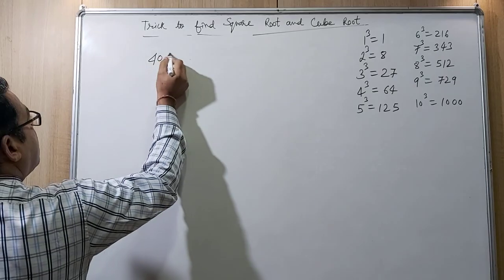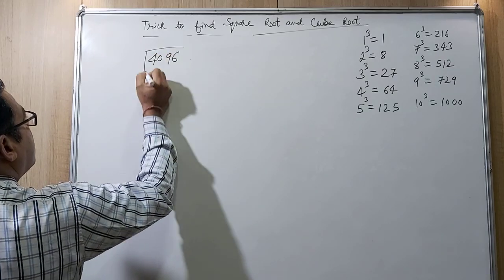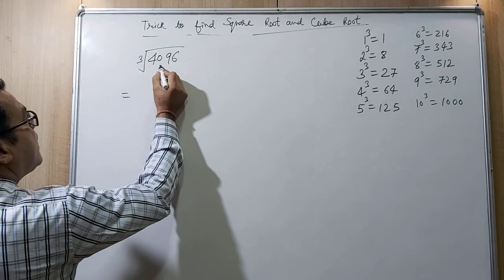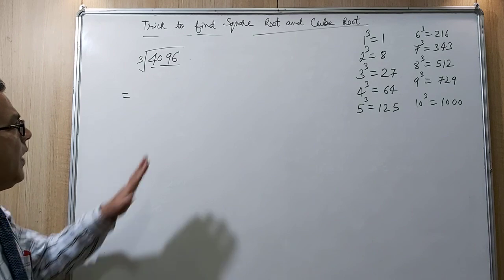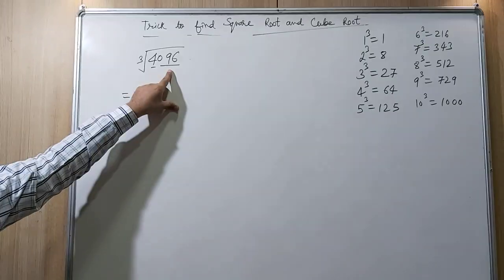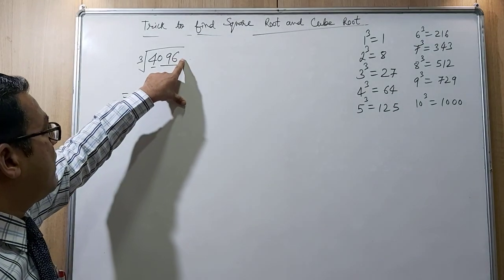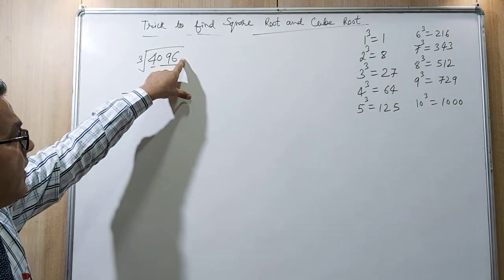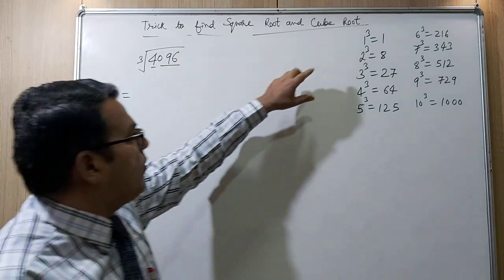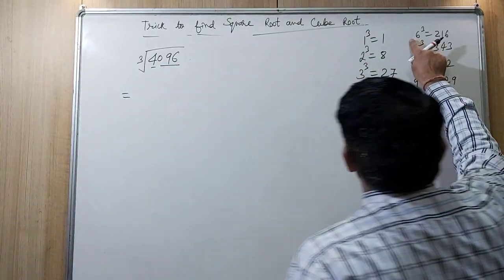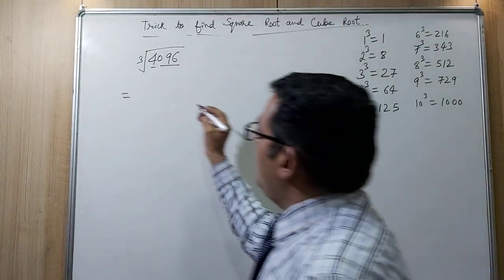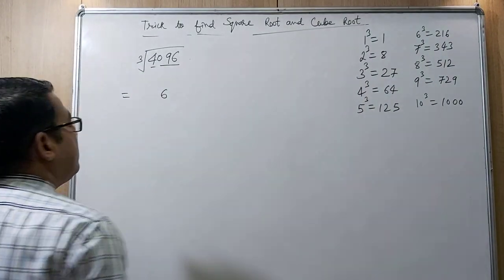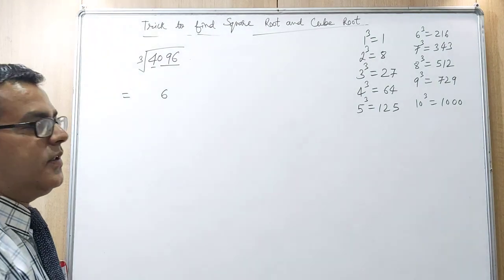Now another number I am taking here, that is 4096. Again the same method. This is the first group of 3 digits. In the first group, the last digit is 6, and 6 comes in the cube of 6 only. So we are 100% sure that the unit digit will be 6.